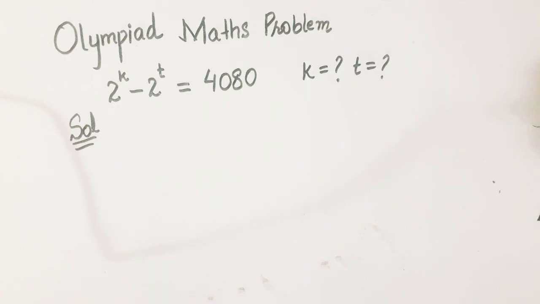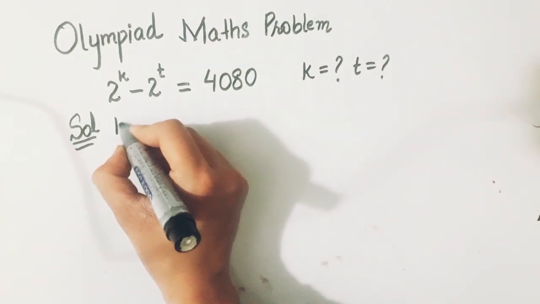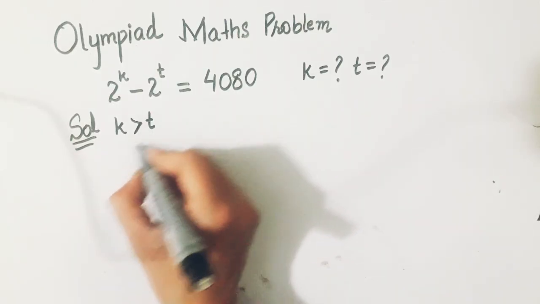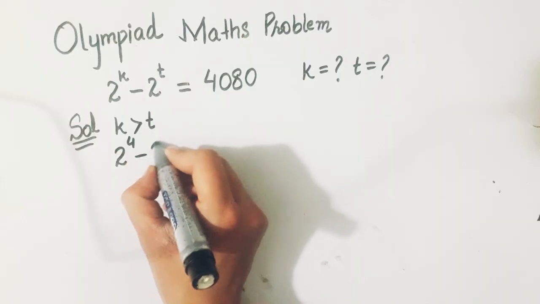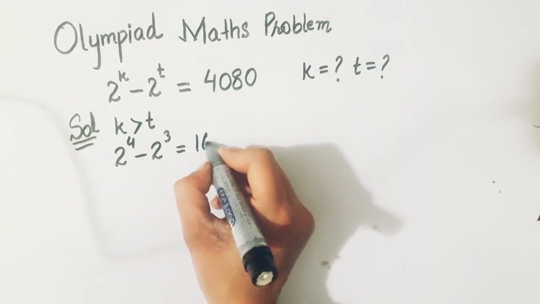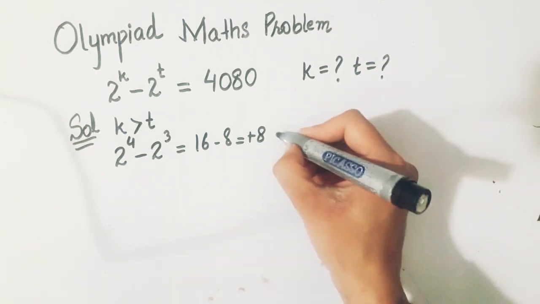First of all, we will consider that k should be greater than t. That means if we take 2 raised to power 4 minus 2 raised to power 3, this equals 16 minus 8 equals plus 8. So this is a positive number.